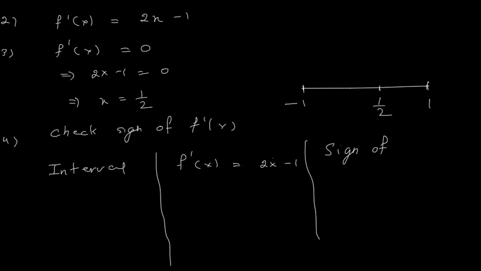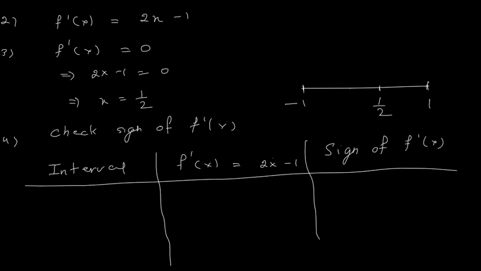Your first interval is minus 1 to half. Between minus 1 and half I can take the value 0. So when we put x equal to 0, what do we get? We get a negative value, right? So here the sign of f dash x is negative.